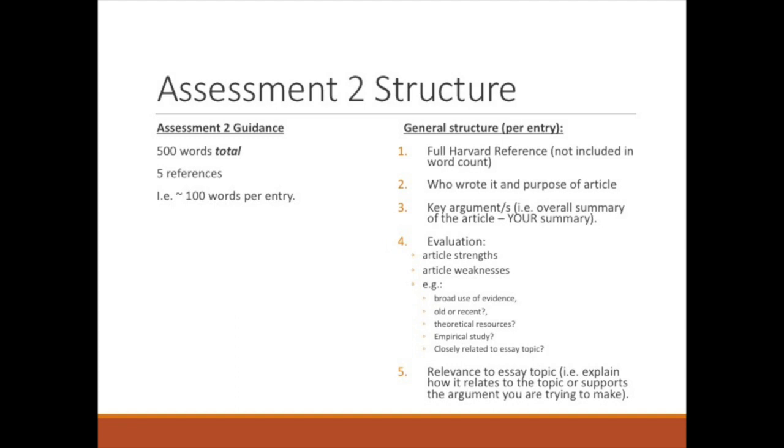And that will help you make that decision on how closely related it is to the essay topic. And building on your summary and evaluation, you're going to say, well, here is how it relates back to the chosen essay topic. Here's how it supports the arguments I'm trying to make.